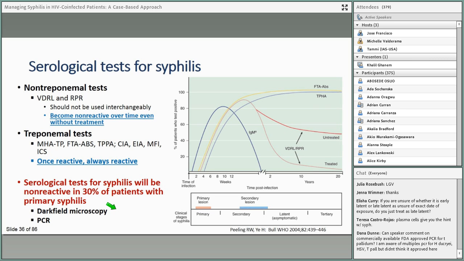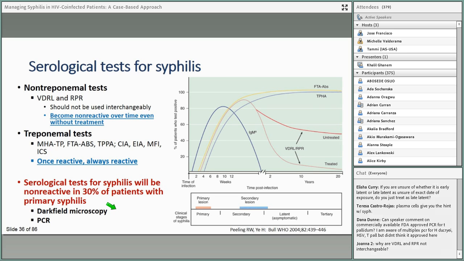So now let's go back to these non-treponemal and treponemal tests. Remember, 30% of patients with early primary syphilis will have non-reactive tests. Now, all of the patients in secondary syphilis and early latent syphilis should have reactive serologies. If they don't have reactive serologies, most likely they don't have syphilis.